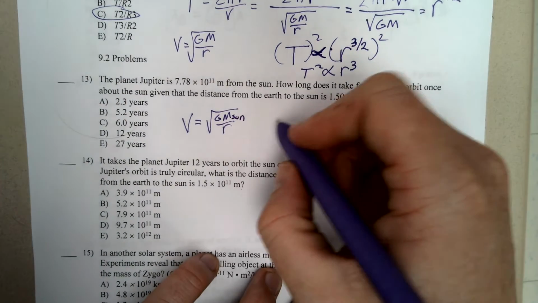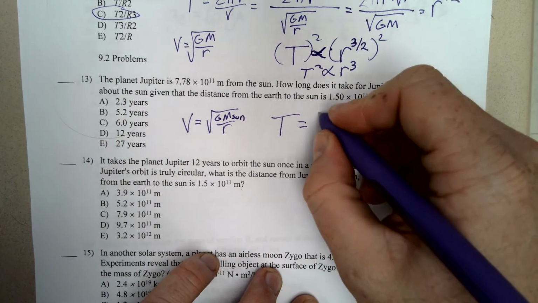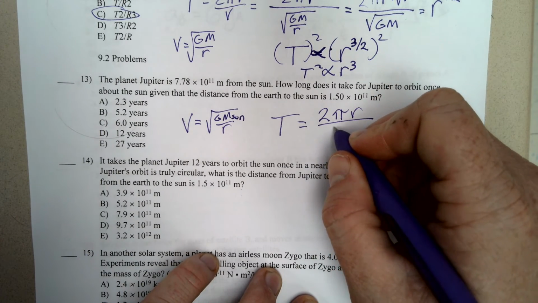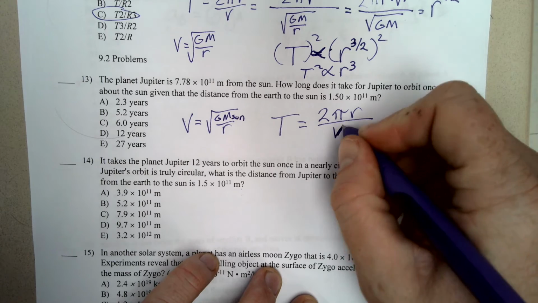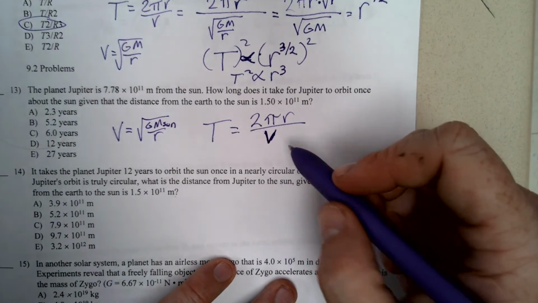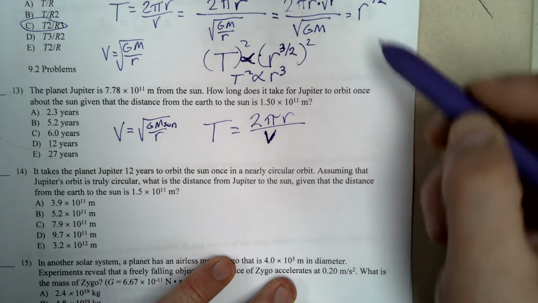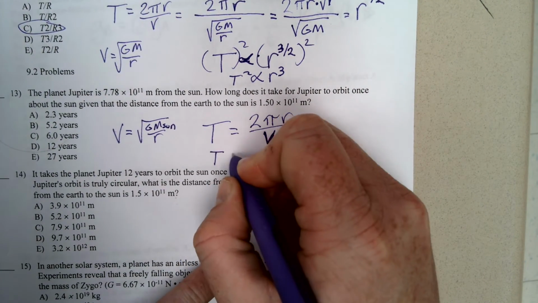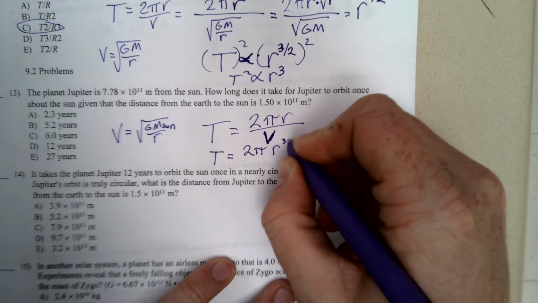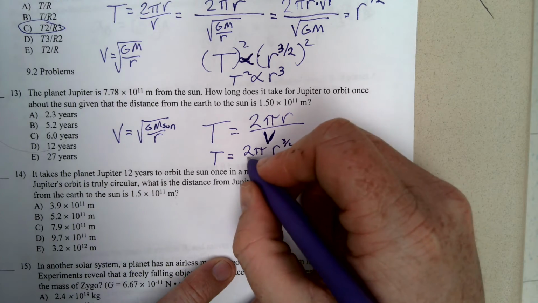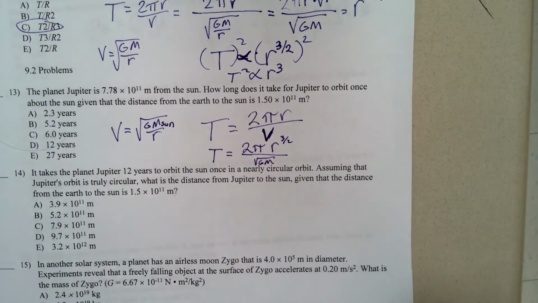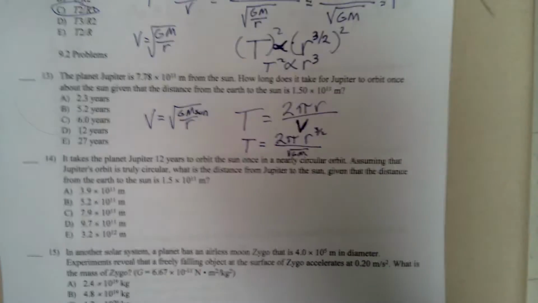And once we solve that, again, we can just say T is equal to 2 pi r over V. And that's how I would make that calculation. Or if I wanted to use this ugly thing, I can also say T is equal to 2 pi r to the 3 halves over the square root of GM. You can test that yourself and see how that goes.